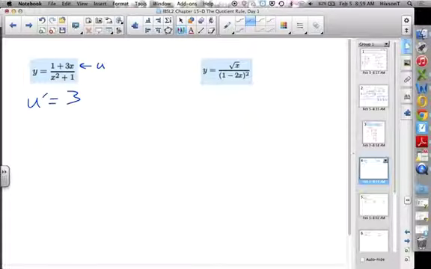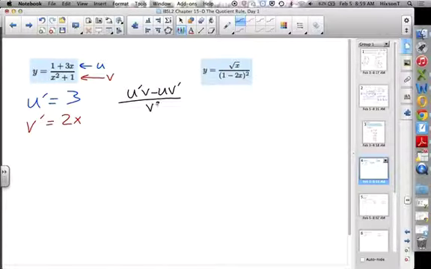And then V is our denominator, x squared plus 1, so what would V prime equal? 2x. Okay? So now we have our formula: U prime V minus U V prime all over V squared.